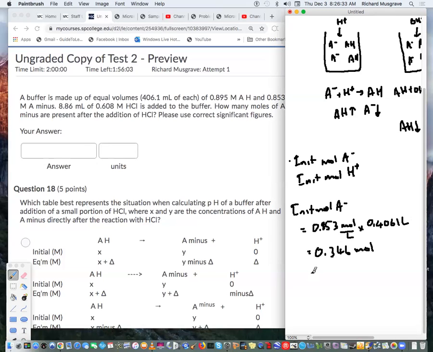Now the moles of H plus is pretty much going to be figured out the same way. It's going to be 0.608 moles per litre times 0.00886 litres.